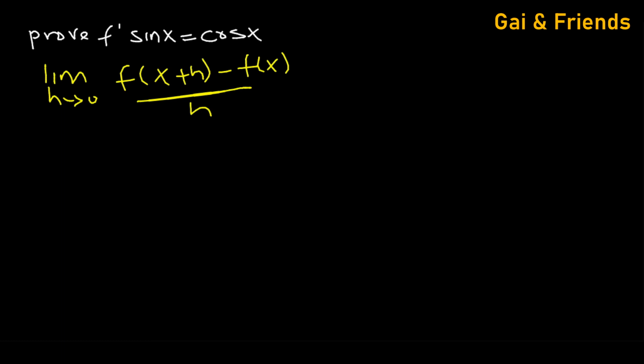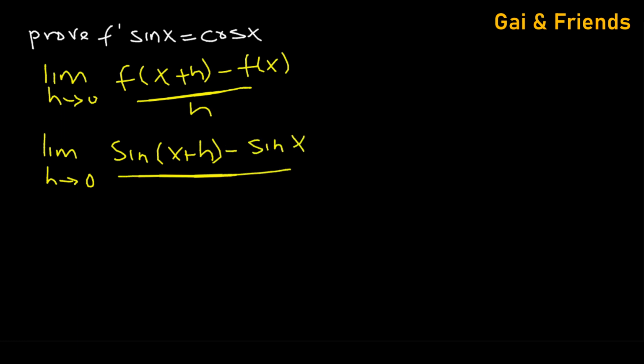Let's get right in. Limit as h approaches 0 of sine of x plus h minus sine x, all over h.